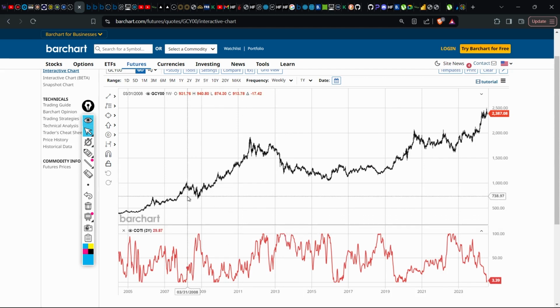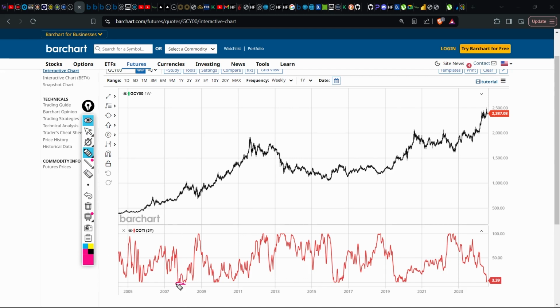We'll begin by highlighting the market's index bottoms and tops in relation to where price action was at that time. This is 2007, 2008. Let's use a red one for the bottoms. We'll first highlight the market bottoms.